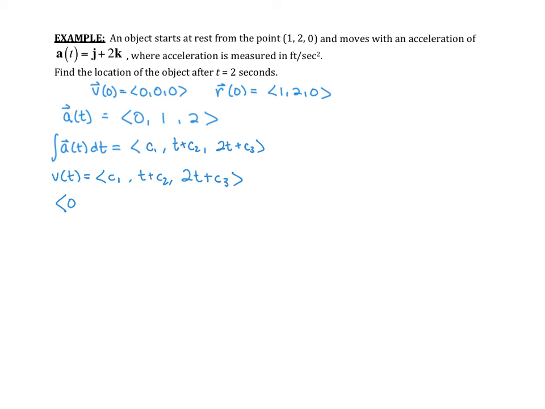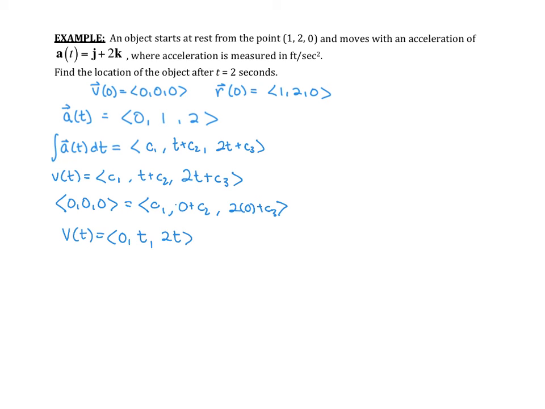So what I know is that (0, 0, 0) is equivalent to (C1, 0 plus C2, 2 times 0 plus C3), which means that C1, C2, and C3 are 0. So that yields a final vector for the velocity of (0, t, 2t).